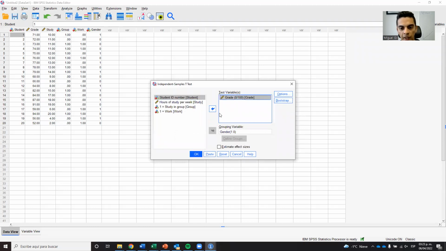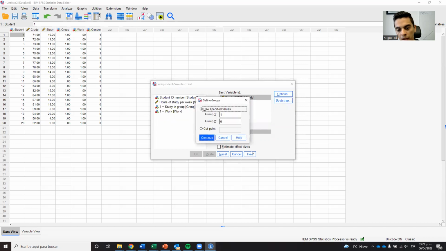And here, well, again, because I already did it before the video, I already have what I want to do. Let's start from zero. So what I want to test is the grade. I want to test if there is significant difference on the grade depending on the gender. So I will put the gender in here. And there is still one thing that I need to define, which I think is a bit dumb, but you need to do it manually.